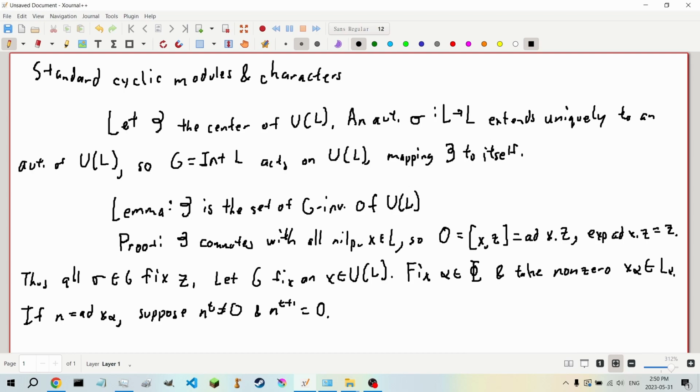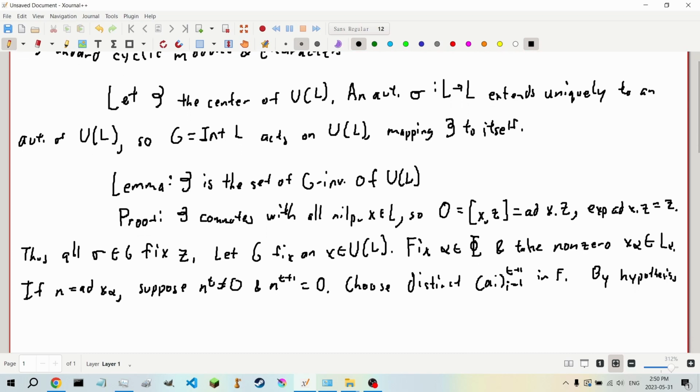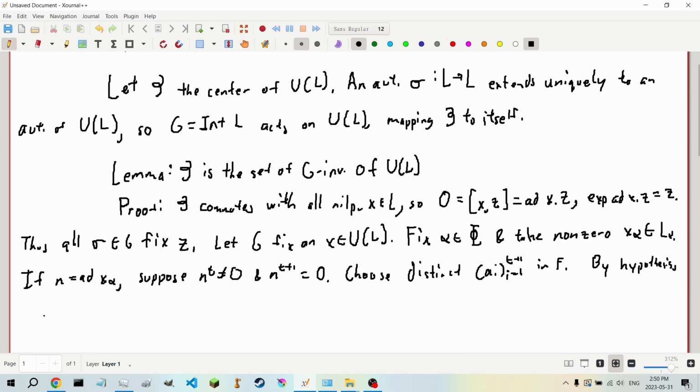Now we want to choose distinct scalars called ai, from 1 to t plus 1, in F. By our hypothesis, the sum from j equals 0 to t of ai to the j over j factorial times n to the j is then going to fix x.